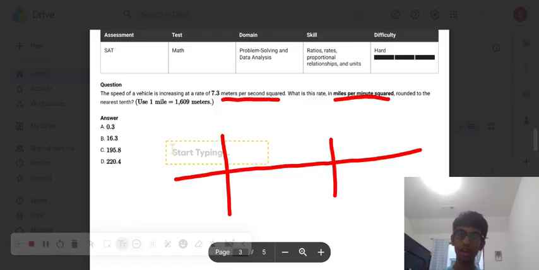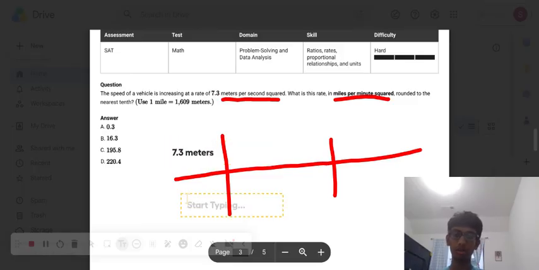Okay, so say we have a rate of 7.3 meters, and we are going to put second squared in our denominator. Imagine as if this line is separating our numerator from our denominator. We're starting out with 7.3 meters, and we have second squared in our denominator.